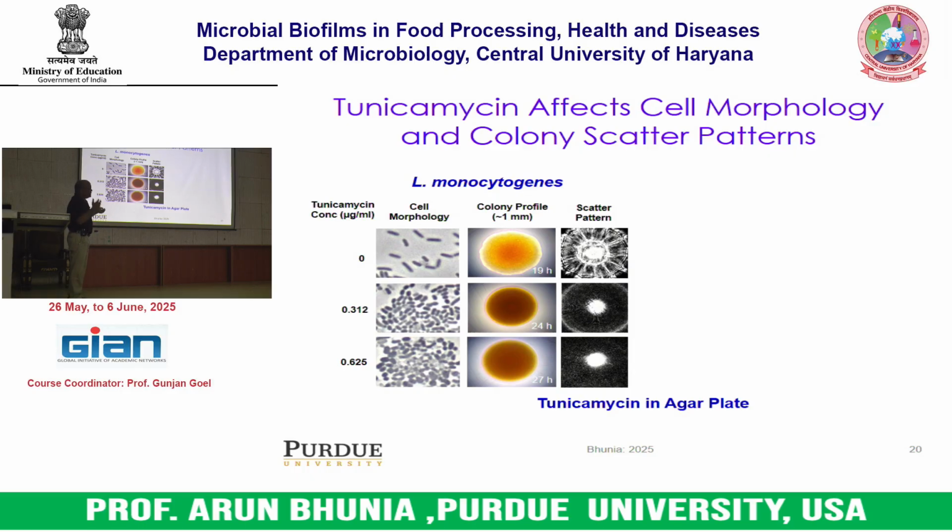How about the colony? If you look at the normal colony, and as soon as you have antibiotics, the colony morphology also changes. There is one type of technology we developed called light scattering, and this is a healthy colony, and it creates this beautiful scatter signature. But as soon as you have a colony formation like this, the signature is different.